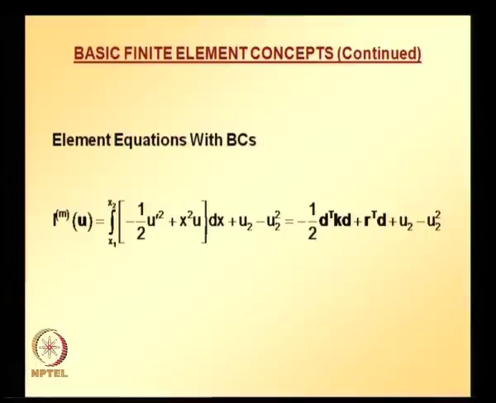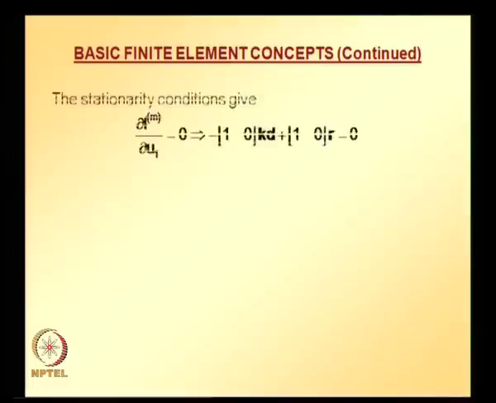In addition to that you get two more additional terms, and the rest of the story is the same. You need to apply the stationarity conditions now for this equivalent functional, that is, the partial derivative of I with respect to u1 is equal to 0. You get one equation.